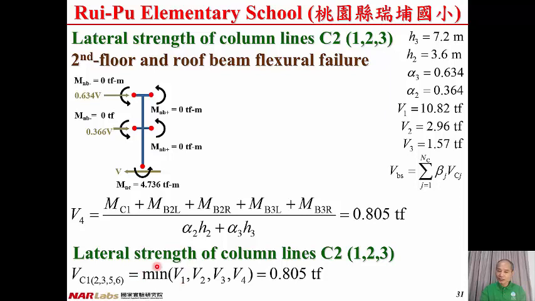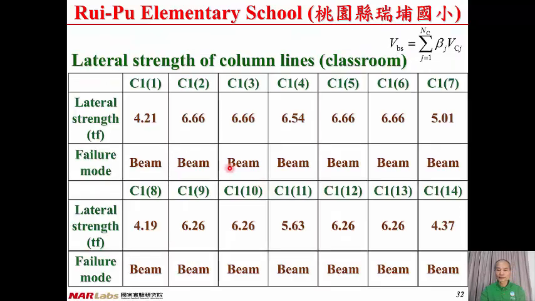Therefore, we can have the lateral strength of column line C2 for number 1, 2, and 3 equal to 0.805 ton-force. And here's the table to sum up the lateral strength of all column lines of classroom, C1 from number 1 to number 14.